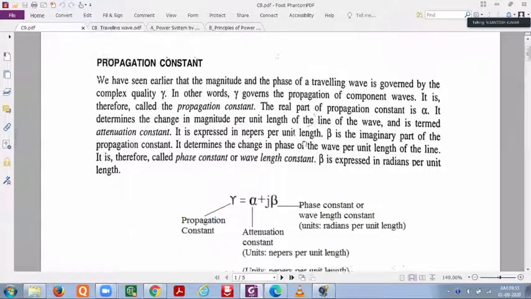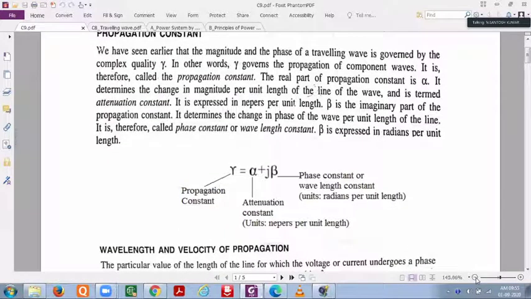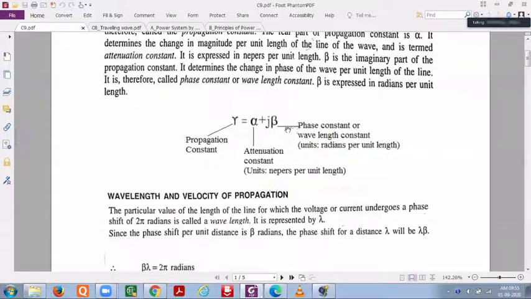Now you can have a clear idea. Gamma is the propagation constant. In alpha, as I said just now, there is change in magnitude only, so that's the reason we call this the attenuation constant. Magnitude will vary.